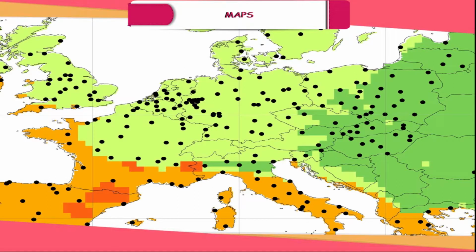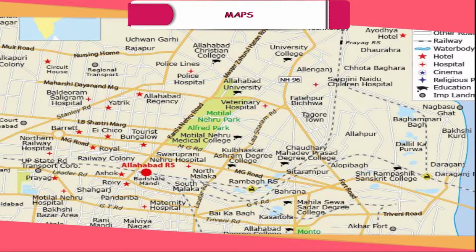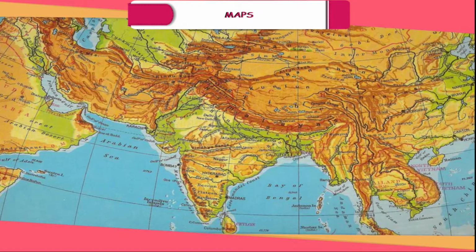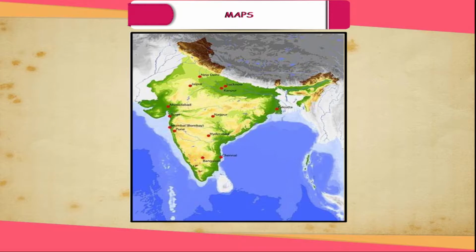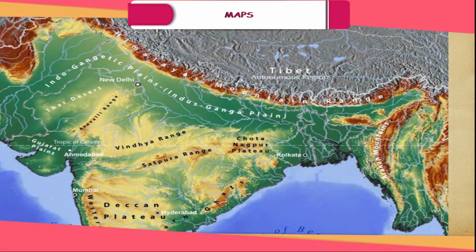Distribution of population, industries, crops, roads, railways, etc. are thematic maps based on cultural themes. Distribution of rainfall, temperature, vegetation, and climatic conditions are also thematic maps, but they are based on physical themes.